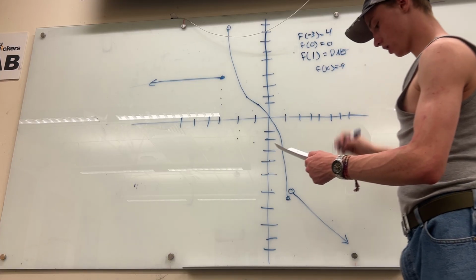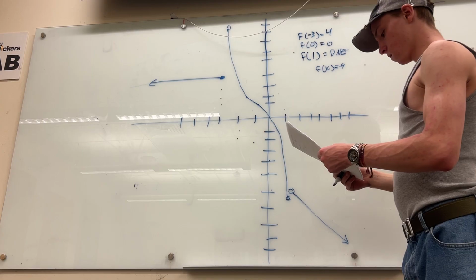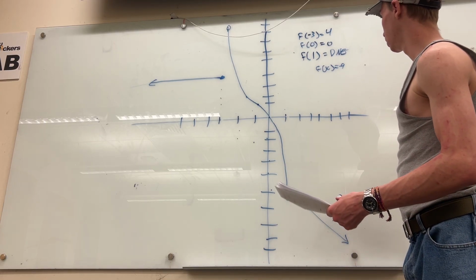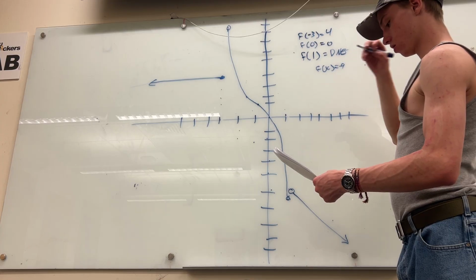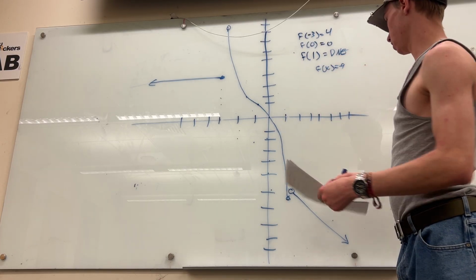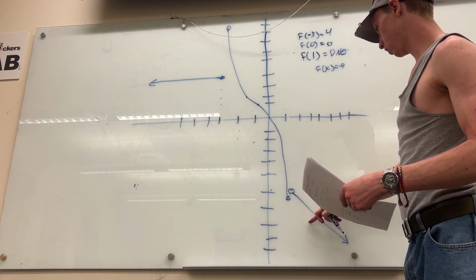Solve for f of x equals -9. That's an equal sign, and that's negative. I could solve for it, or I could look for it. That means y is going to be -9. So 1, 2, 3, 4, 5, 6, 7, 8, 9.